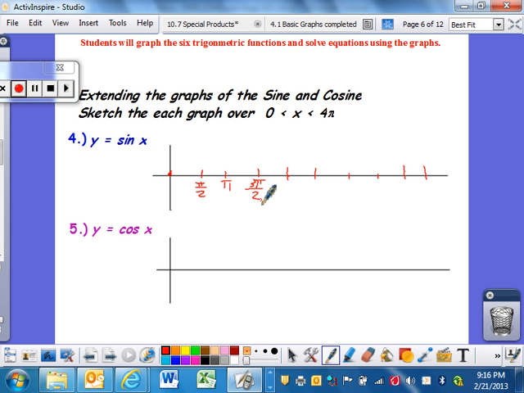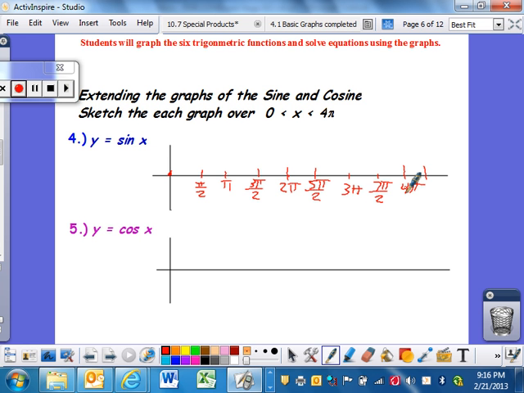Just kind of shorten up our graph so we don't have to write out every single one of these. 5 pi over 2. We keep adding a half. It's 3 pi, 7 pi over 2. And 4 pi.